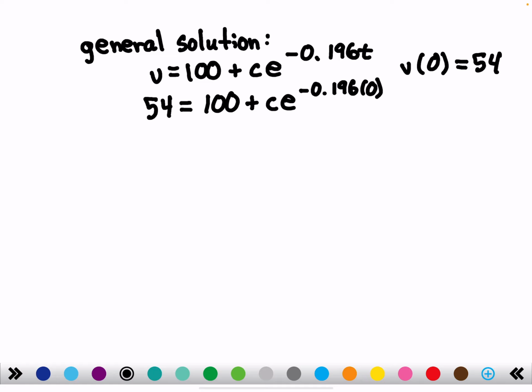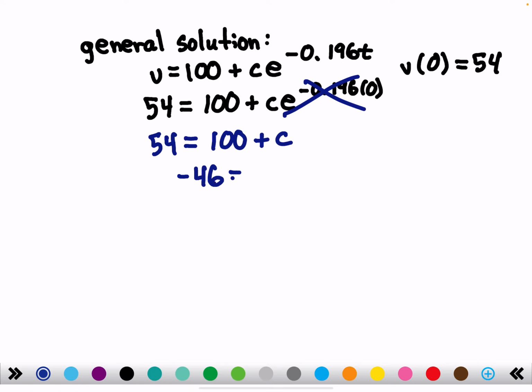Well, 0 times negative 0.196 is 0. e to the 0 is 1, so effectively 1 times c is c. So this equation is just 54 equals 100 plus c. We subtract 100 from each side. We find that c is negative 46.